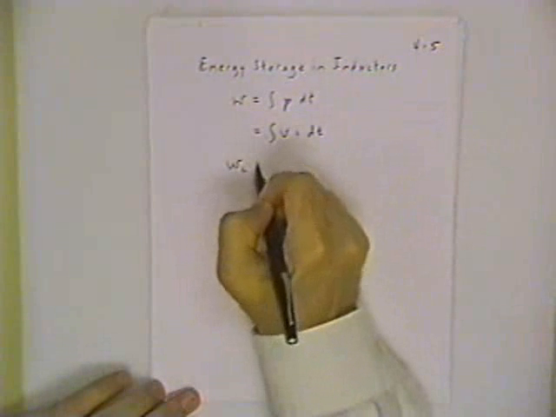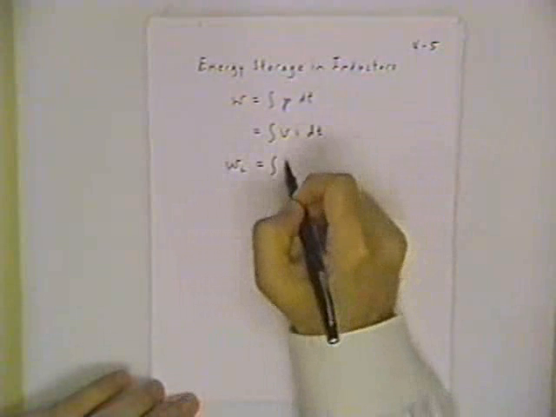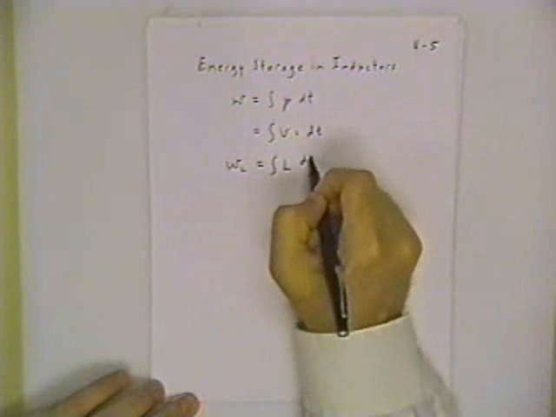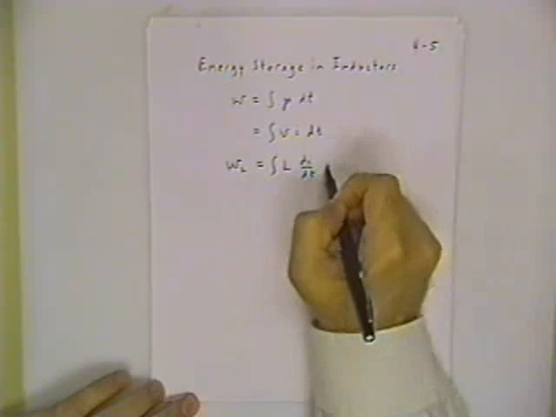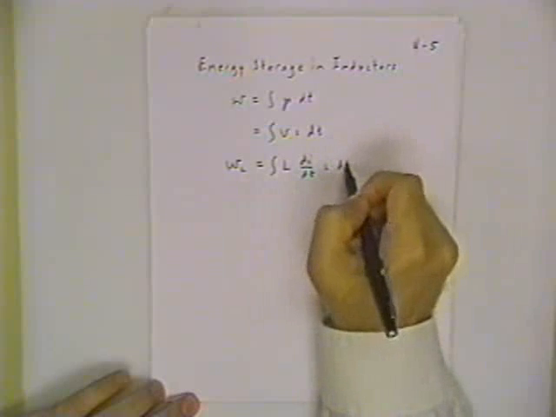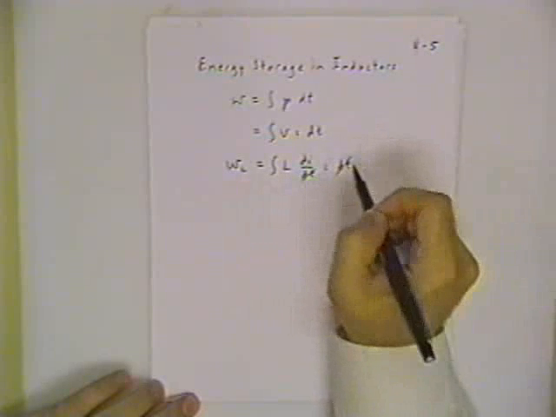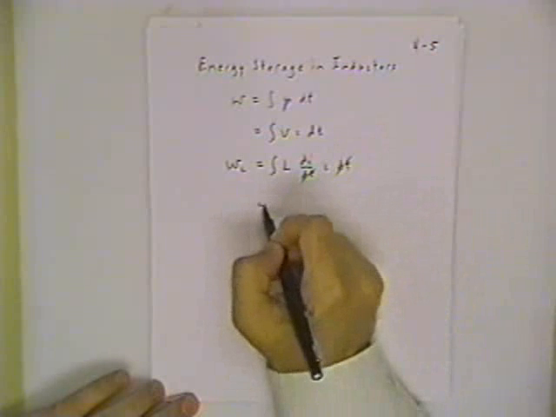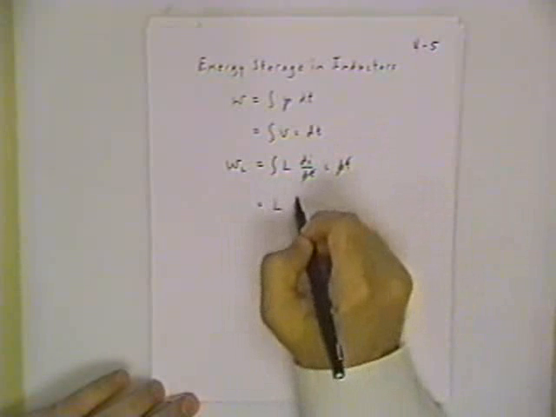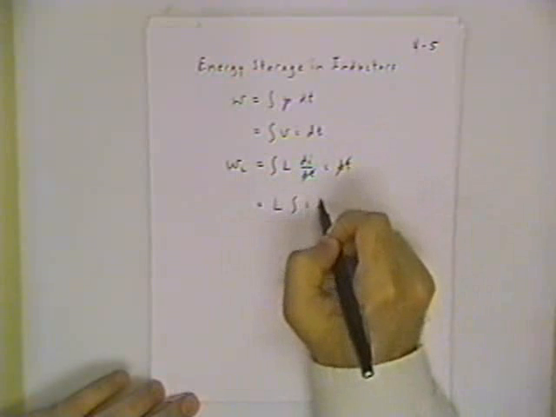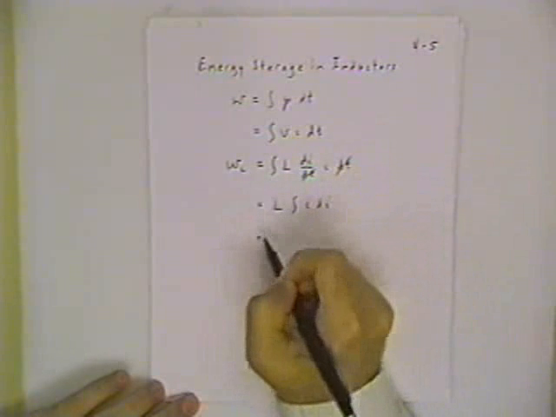For an inductor, you would have voltage is L di/dt. And again, with a nod to the mathematicians, we say that's a valid step. And we have L times the integral of I di.